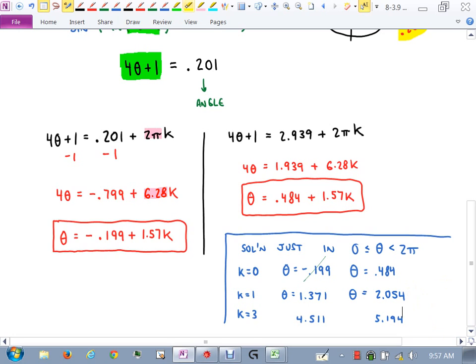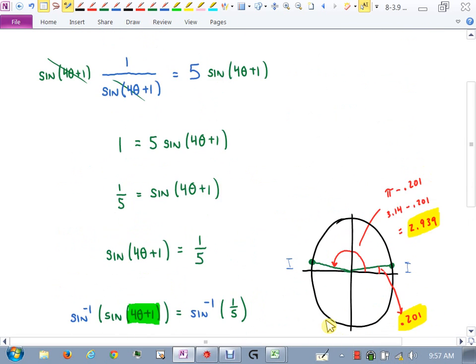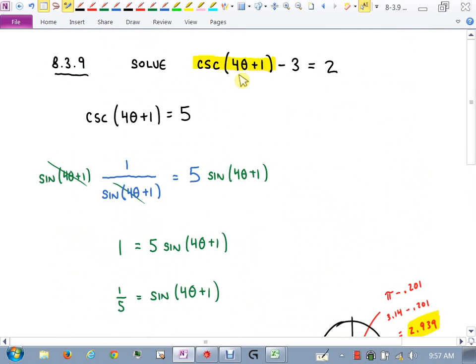And I think what I'll do, just to make myself feel better about things, I'm going to take one of these answers, 5.194, and check it to see if I've got it or not. I'm going to plug it right in here. So I'm going to go cosecant of 4 times 5.194 plus 1, and then I'm going to take away 3.